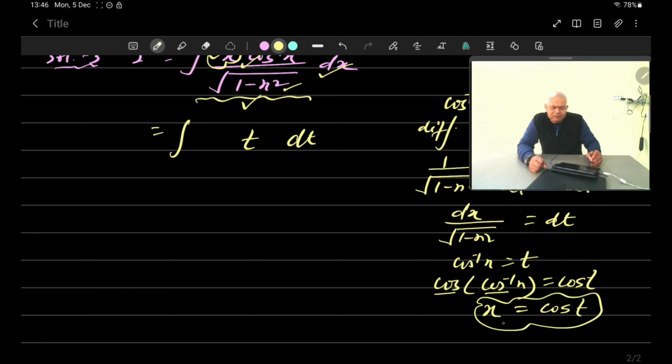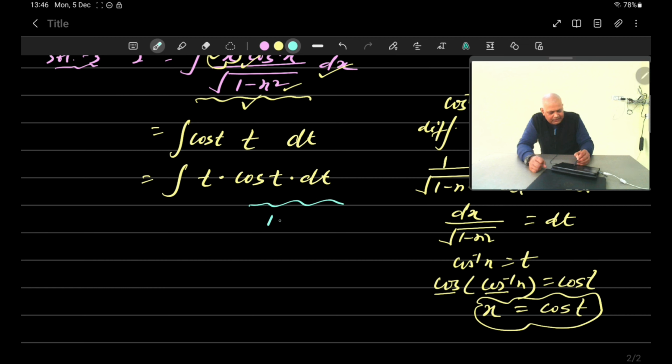Now just put this value of x inside the integration, and this will become cos of t. Now your question looks very simple: t times cos t dt. Now you have to use the ILATE rule. t comes in the algebra category and cos t comes in the trigonometric category, so this is your first function and this is your second function.